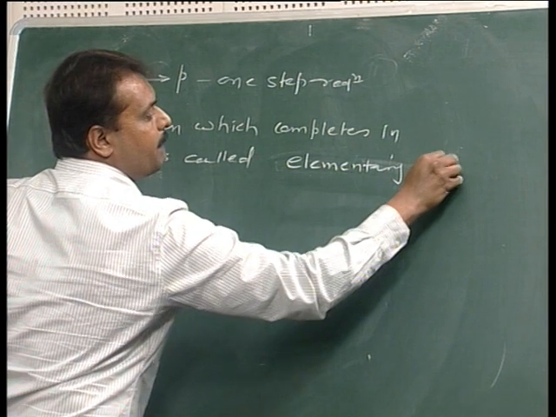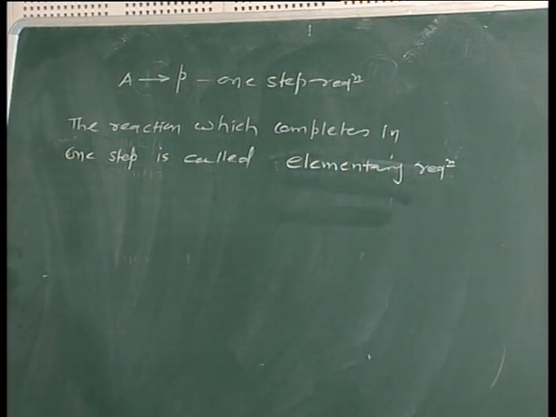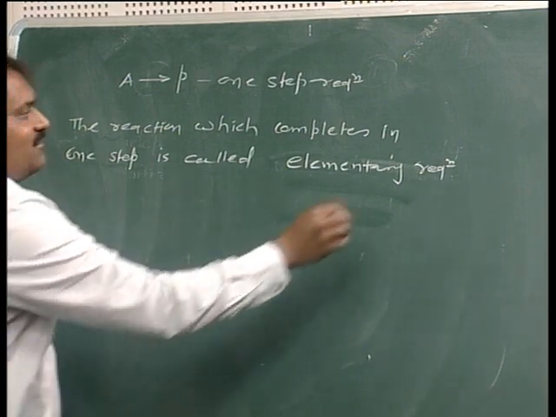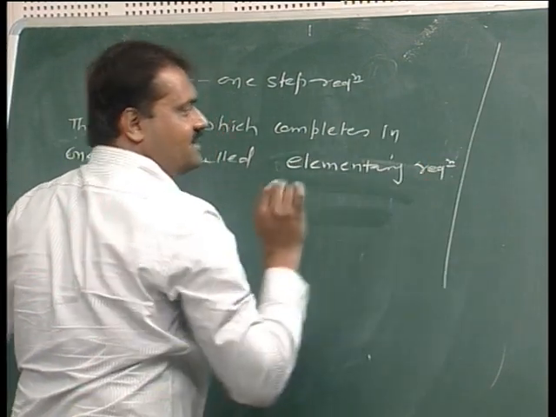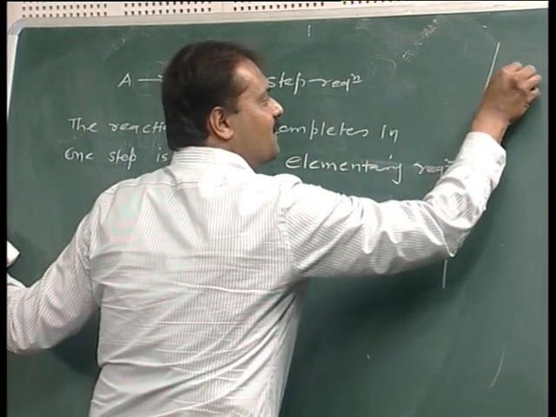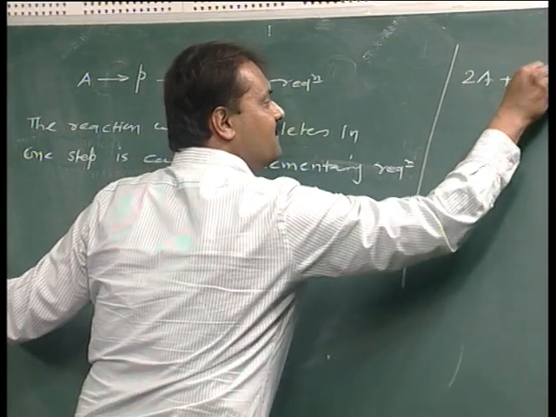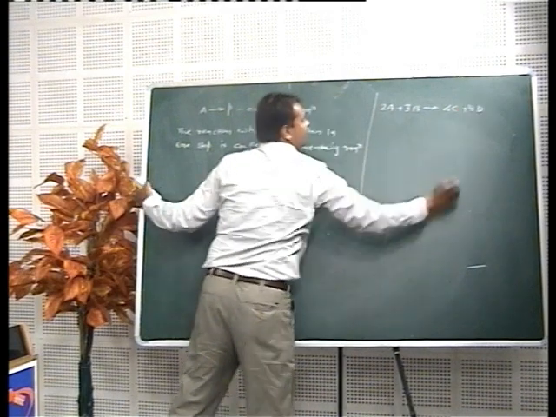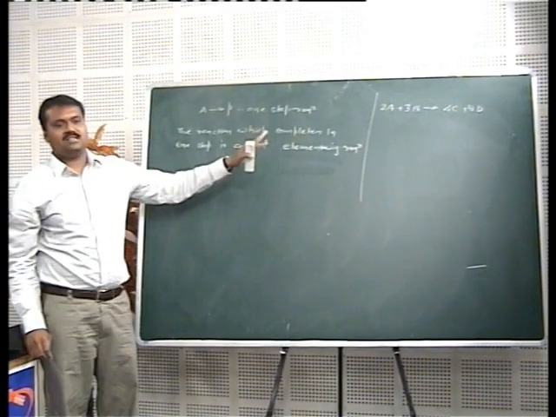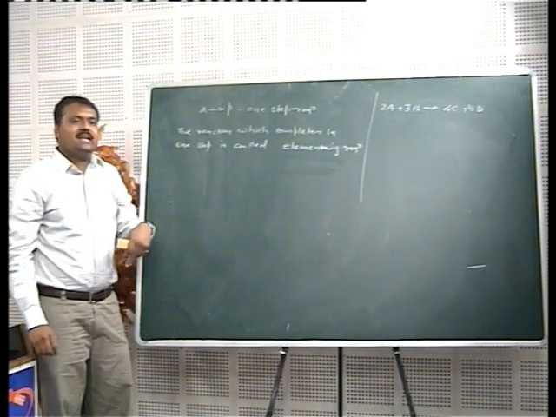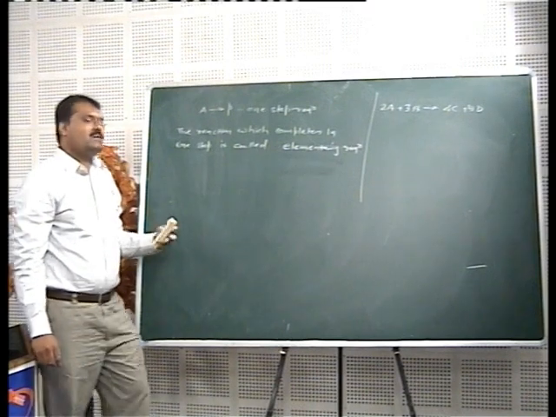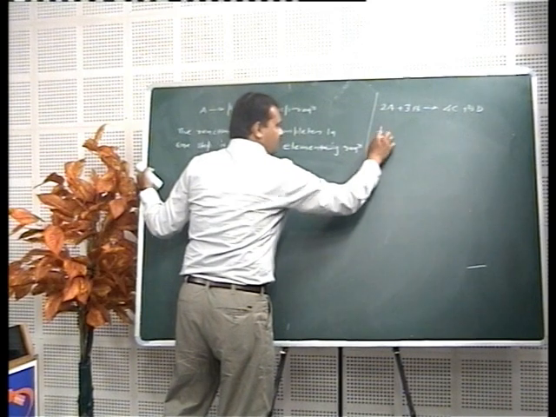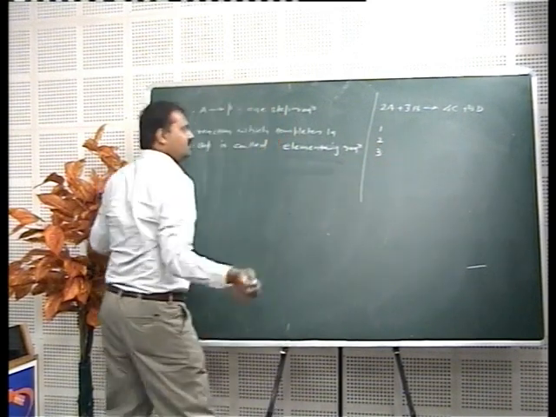Now there are certain reactions which complete in more than one step. For example, 2A plus 3B to give 4C plus 5D. See, this reaction will not complete in one step. It will complete in more than one step. So let there be a first step, second step or third step.